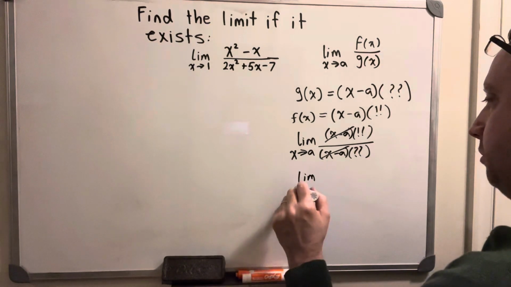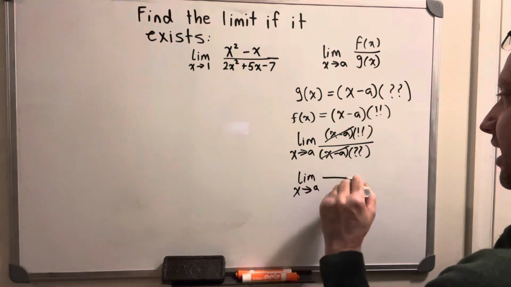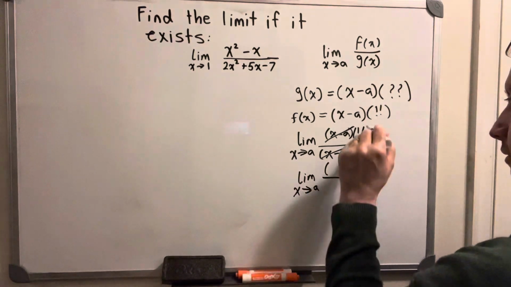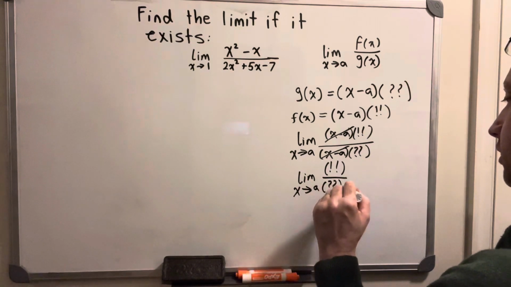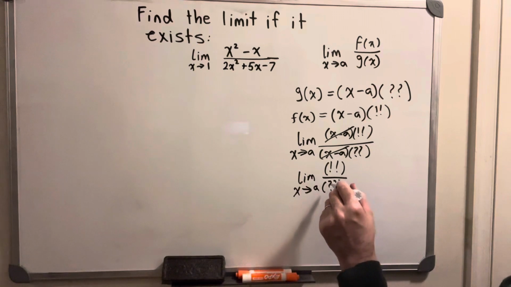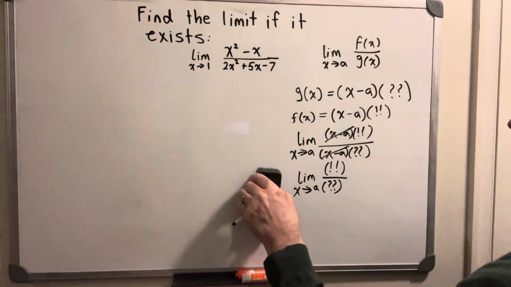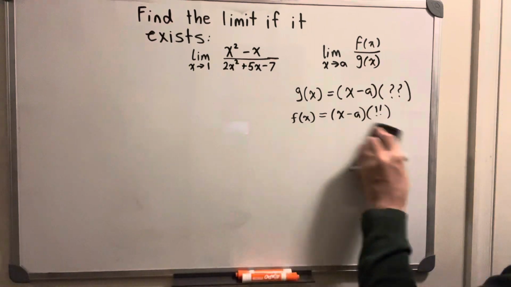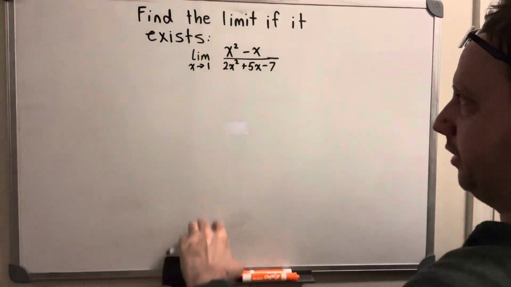Then you converted the problem into the limit as x approaches a of this quantity over this quantity, and no longer will there be a 0 in the denominator. This will hopefully be some finite or actual value.